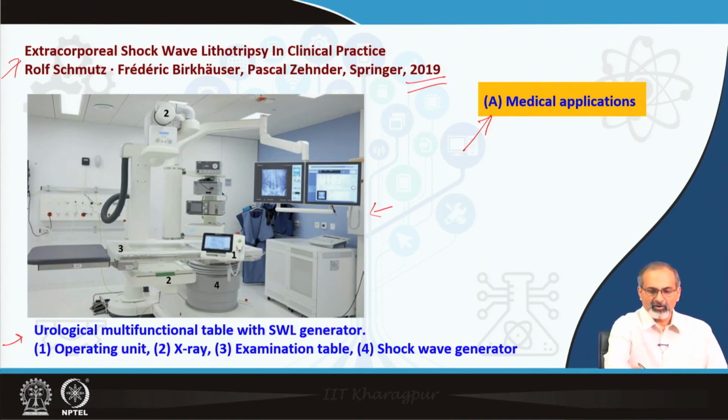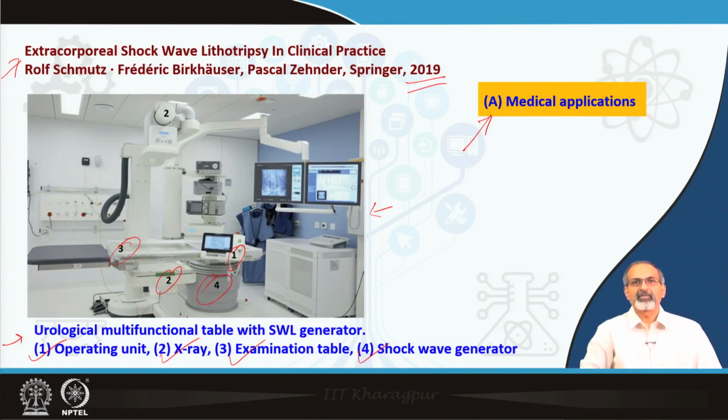So, you have an operating unit here, the X-ray unit at 2, the examination table where the patient would be located, and the shockwave generator which is beneath. So, these are the primary components of the device.